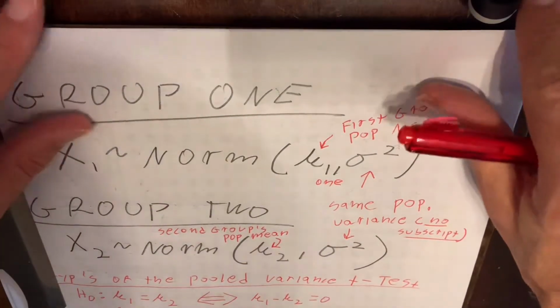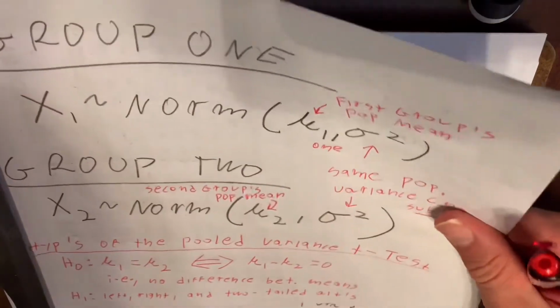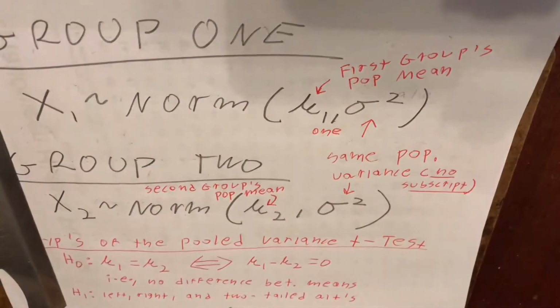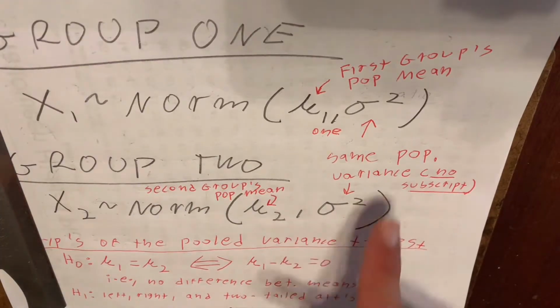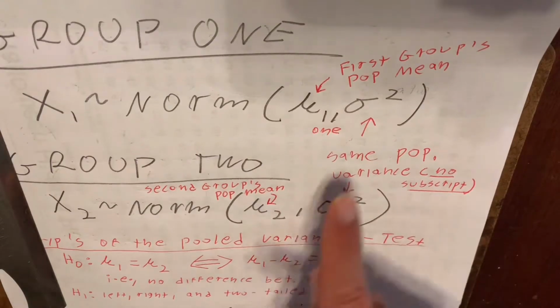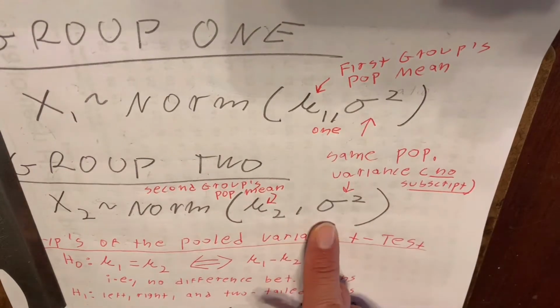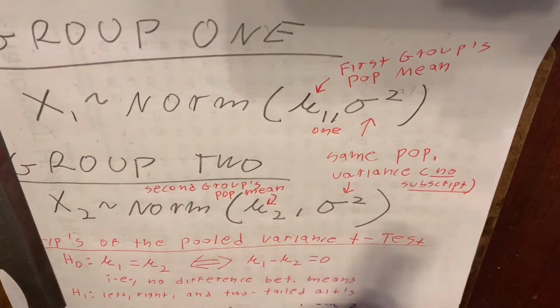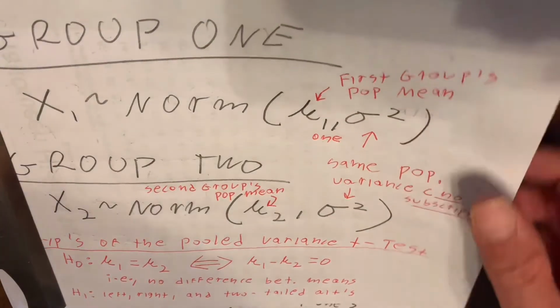So make sure before you go on with this video, you really get this idea, because you're getting into a more advanced area of statistics if you're up to this, right? There's no subscript here. So that means the population variance is the same for both groups.